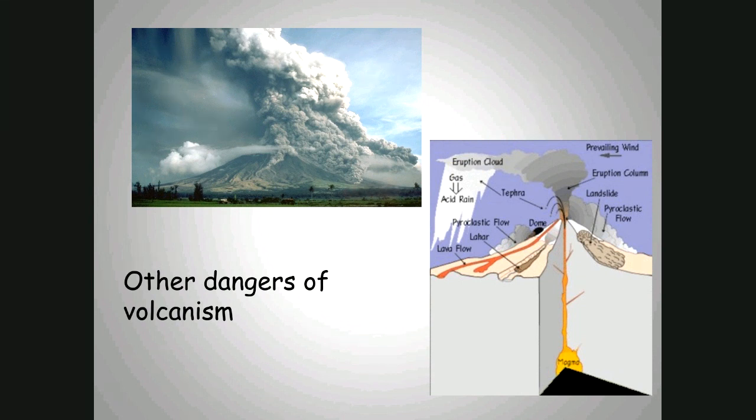And what about if this is a mountain that had snow or glaciers on it? Where's that meltwater going to go? Well, where did the meltwater go when Mount St. Helens erupted? It created a mud flow, or a lahar, that went for many, many miles. It flooded the Toutle River and wiped out homes and bridges.